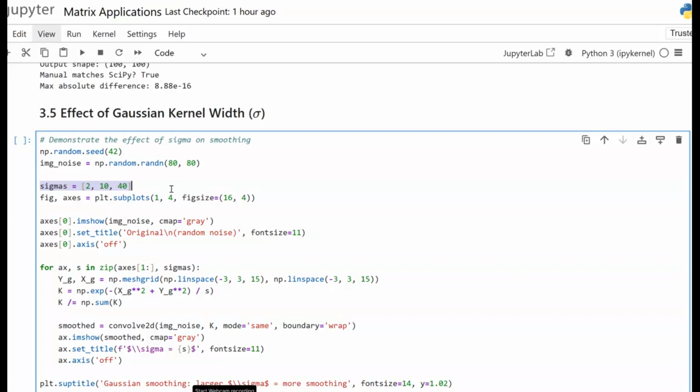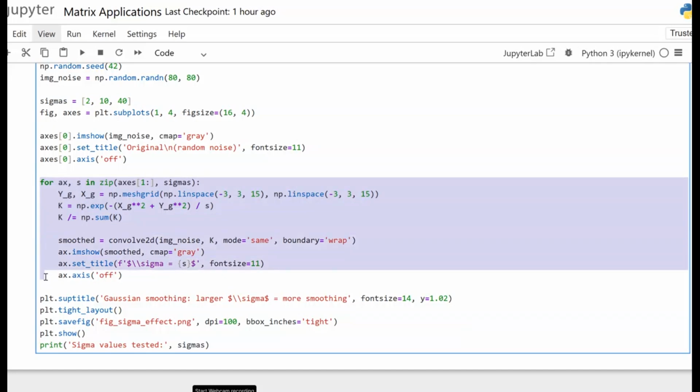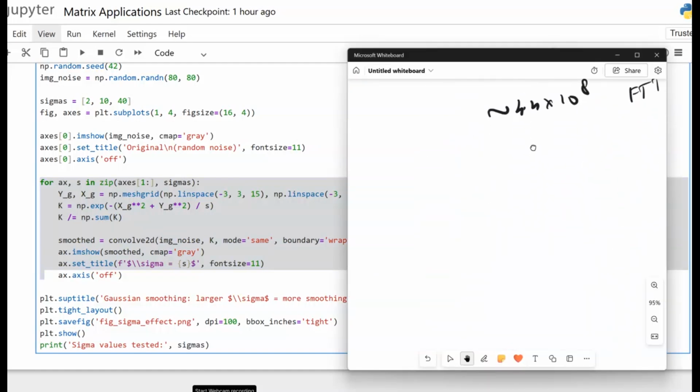Okay, now let me go with the Gaussian kernel construction. Here is the exact Gaussian kernel construction as per the sigma value, which I have already specified previously. Anyhow, I will remind you again. K of x comma y is equal to the exponential raised to minus x square plus y square divided by sigma.